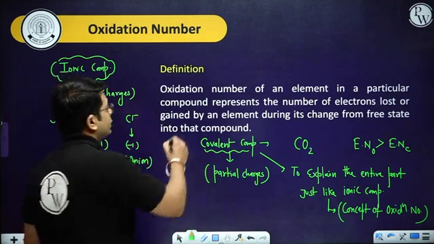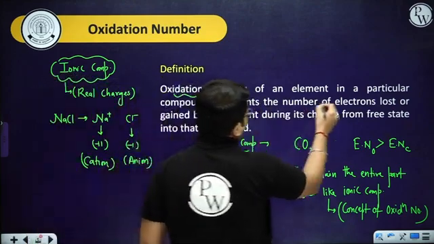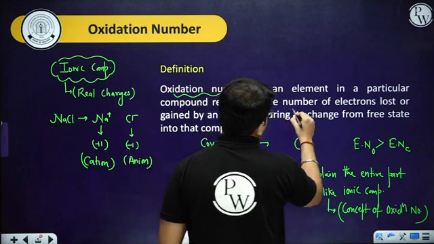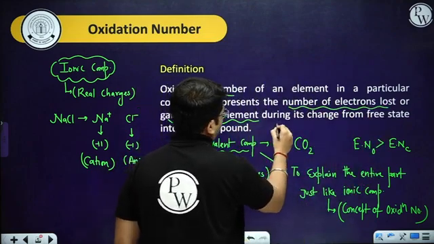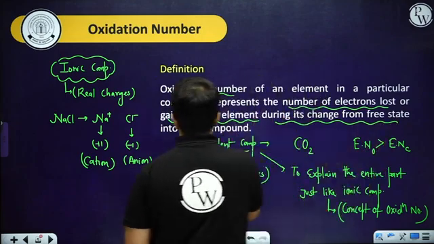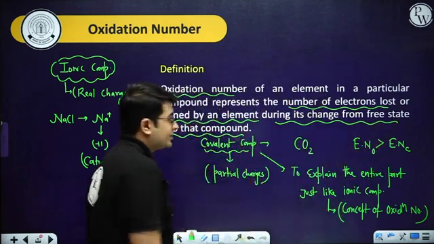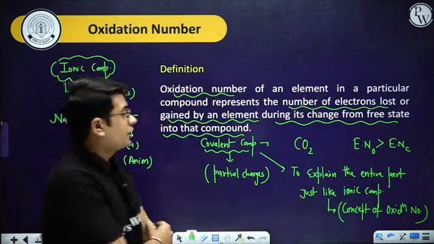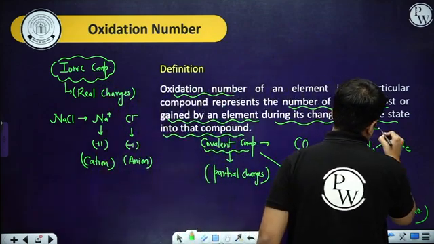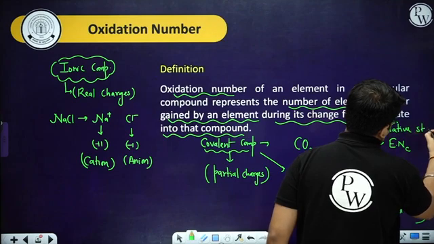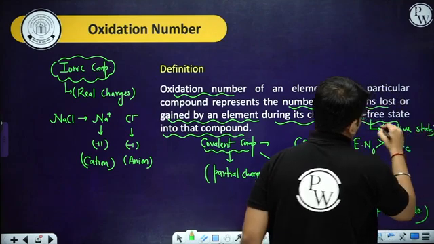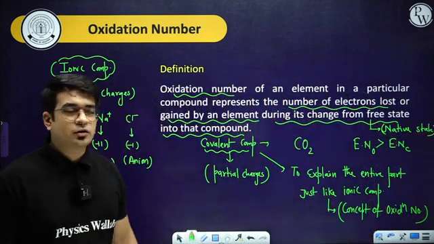So basically, the oxidation number of an element in a particular compound represents the number of electrons lost or gained by that element during its change from the free state to that compound. Free state means its native state. So that is basically the oxidation number.